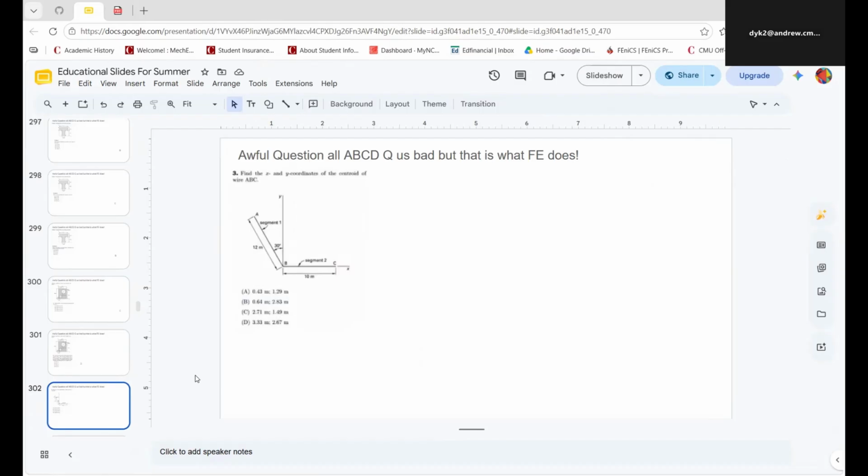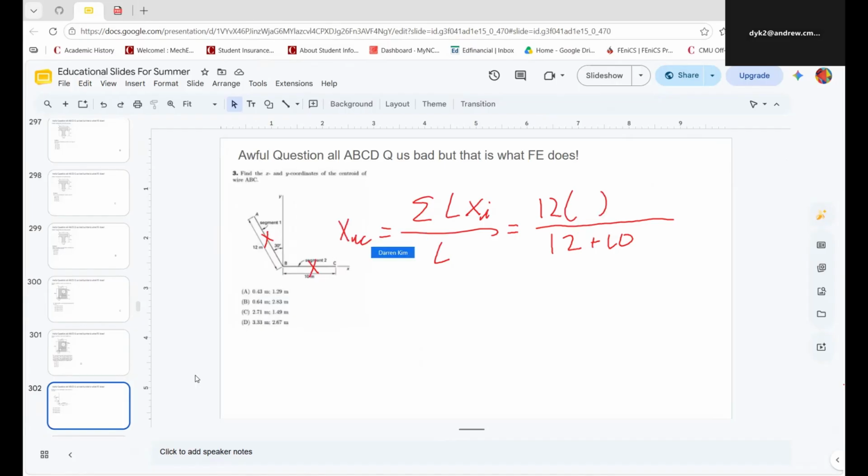Next one, the segment coordinate: what is the centroid of the wire? Well, that's simple. We just have to do the summation of L times xi divided by L total. So this is equivalent to 12 plus 10, and then 12 parentheses. Which direction do you want? Y, then. Yeah, let's do that. The 10 is easier because it's 5, right? Over here, you have to do something like 12 cosine.